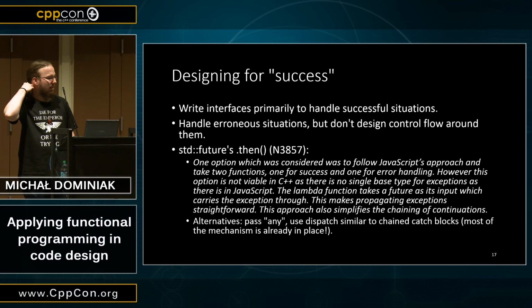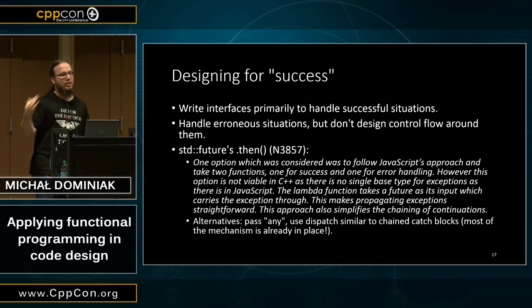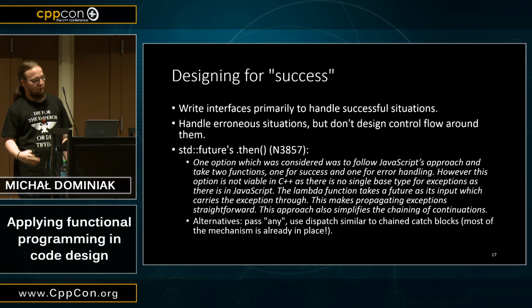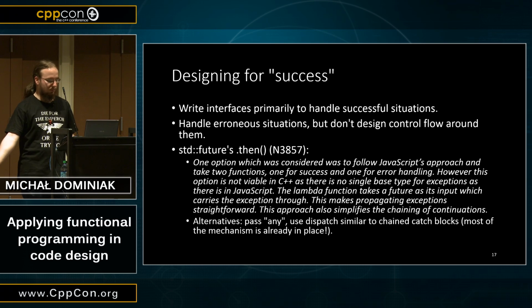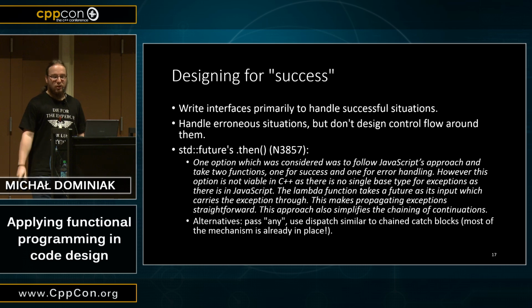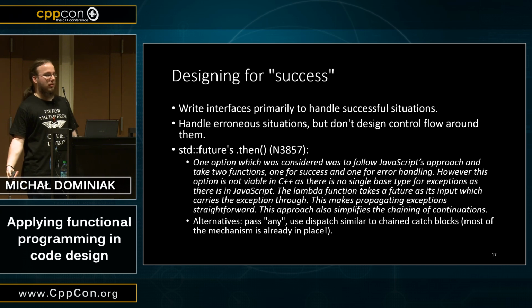I don't believe this really makes sense, because suddenly we have a continuation for the future, and we want it to be called to continue the work that was done before. And we really care about the value, not about the future itself.